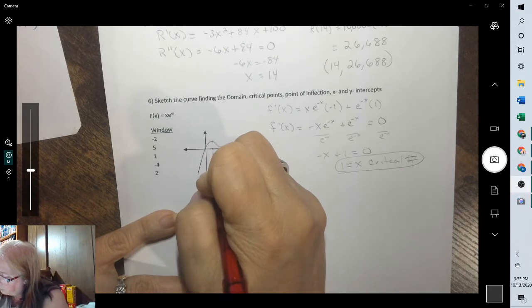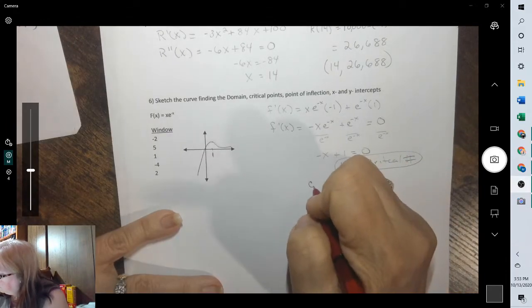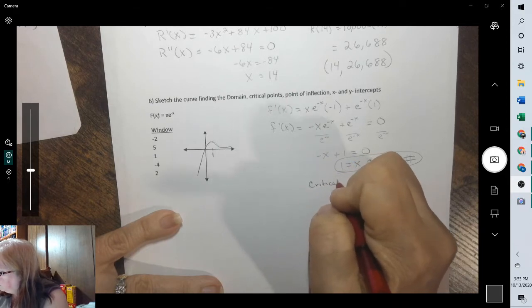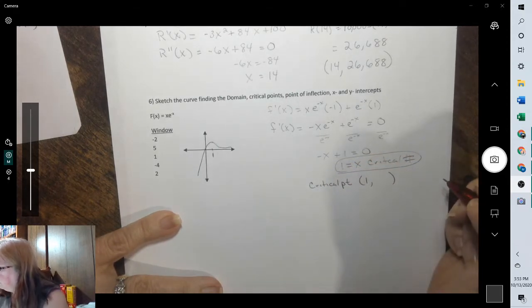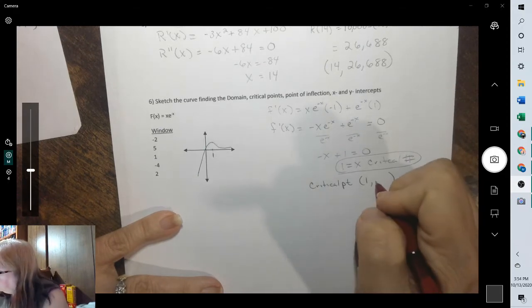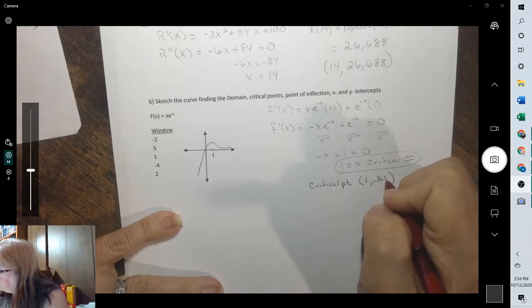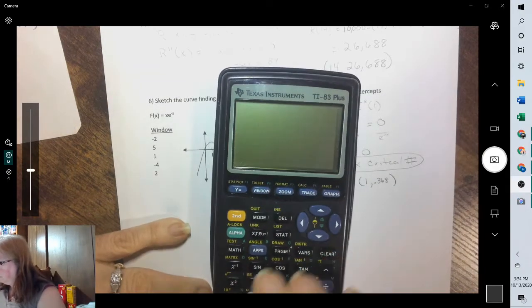So this high point is at 1. To find the critical point, we'll plug it into the equation. And when you plug it in, you get 0.368.